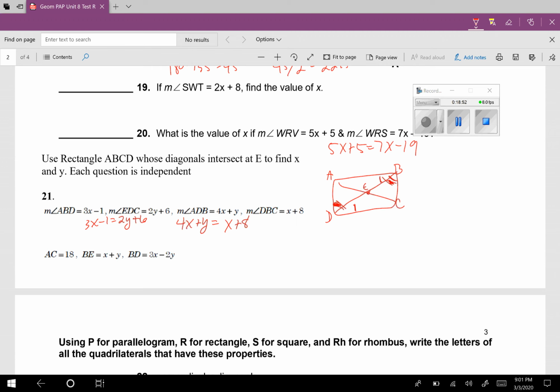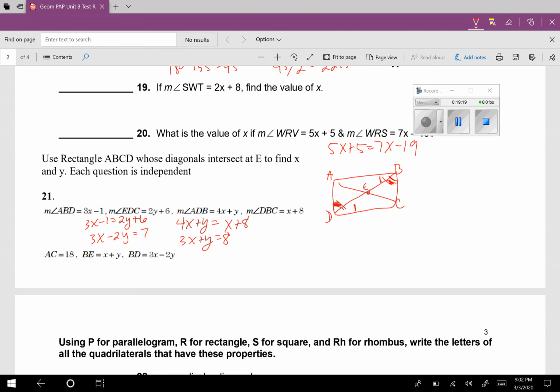Okay, and now you have a system of equations here, so we can go ahead and solve this. Again, you always want to get your x's and your y's to one side and your regular numbers to the other side. So here we have 3x minus 2y is equal to 7, and then here we have 3x plus y is equal to 8.